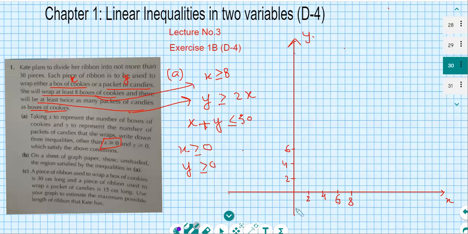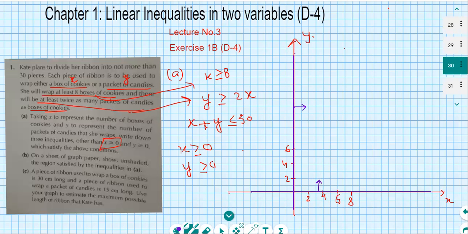X equal to 0 is this line. Then Y greater than or equal to 0, this line is actually the X-axis. So for X greater than 0 the region should be here. Similarly, for Y greater than 0, the region should be above this line.